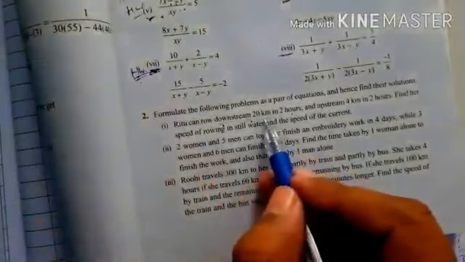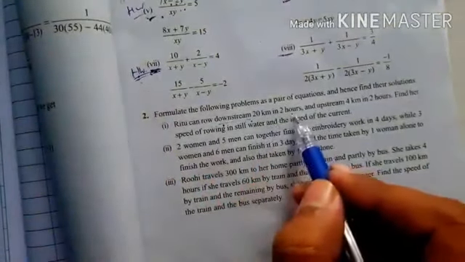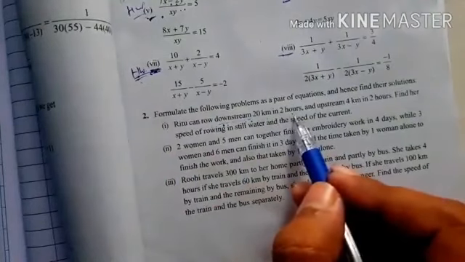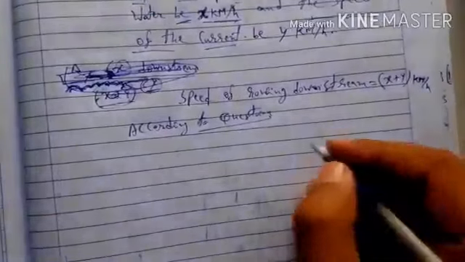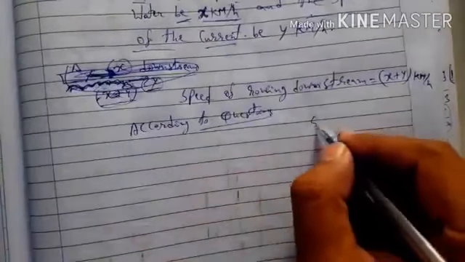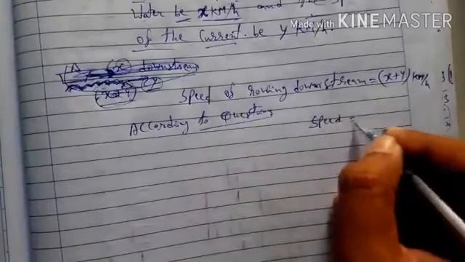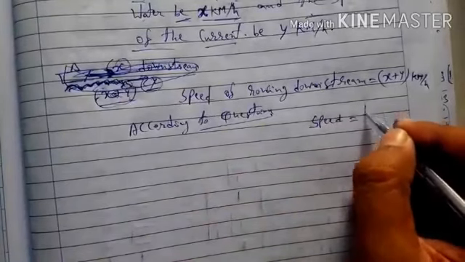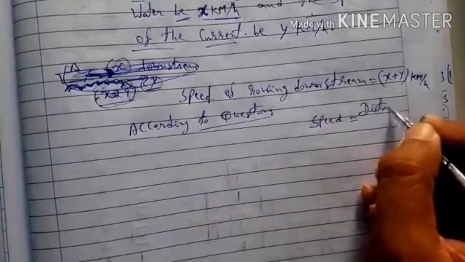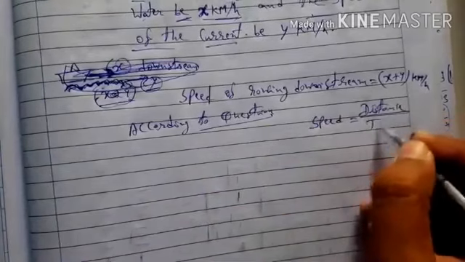According to the question, 20 kilometer is the distance and 2 hour is the time. So we use the formula speed equal to distance upon time.